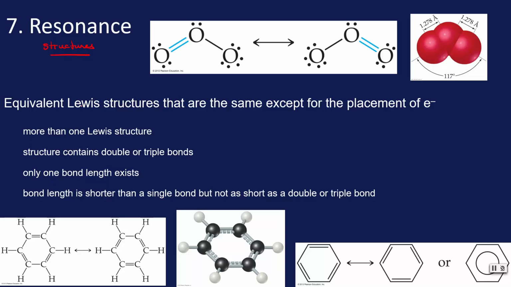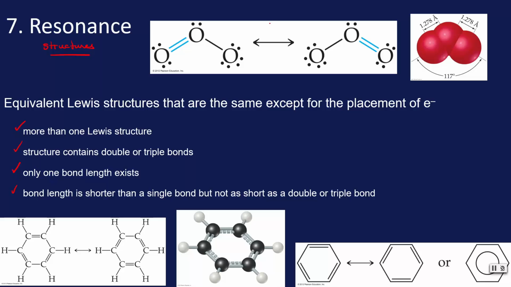You have resonance structures when more than one Lewis structure can be drawn for a particular compound, when that structure contains double or triple bonds, and when experimentally only one bond length exists. The other trick is that when the bond length is measured experimentally, not only is there only one bond length, but that bond length is shorter than a single bond, but not as short as a double or triple bond.